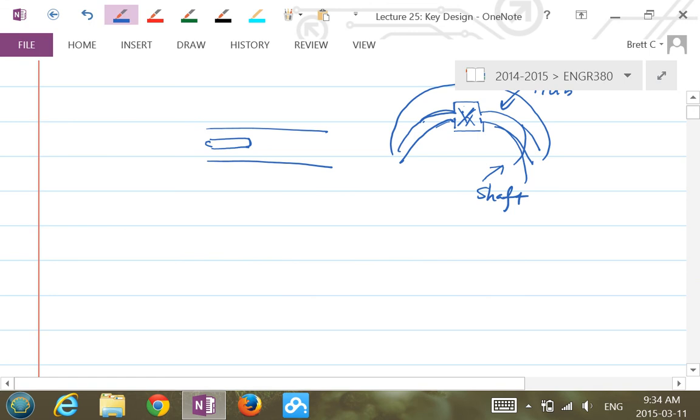So what does a key do? According to the definition, a key is basically used for transmitting torque between the shaft and the hub.